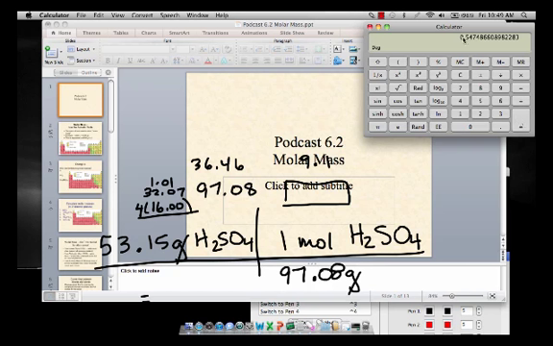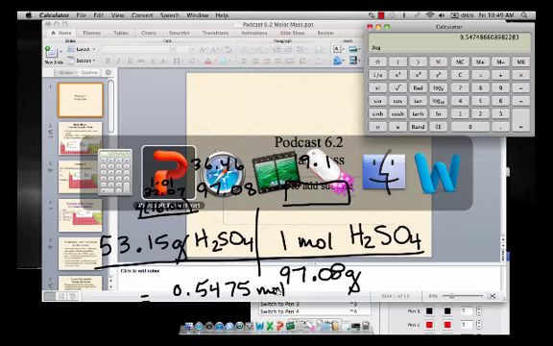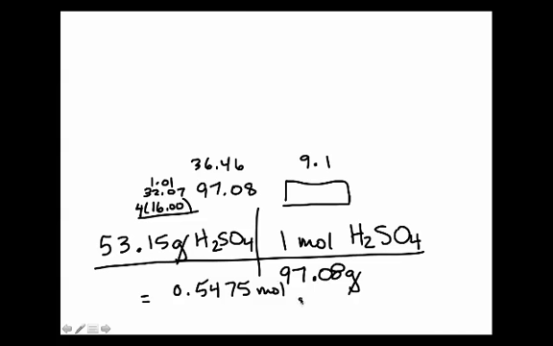I'm only going to keep 4 sig figs, so 1, 2, 3, 4. After the 4, the 8 tells us to round up. So let's call that 0.5475 moles of sulfuric acid.